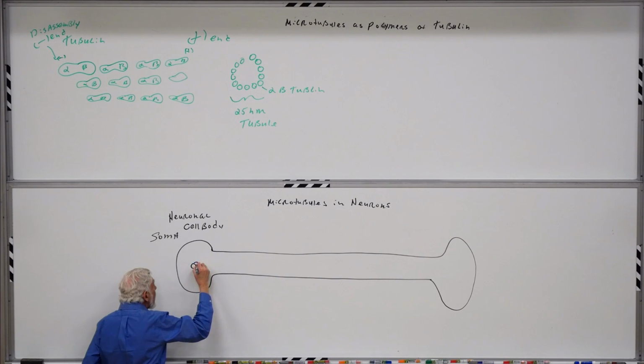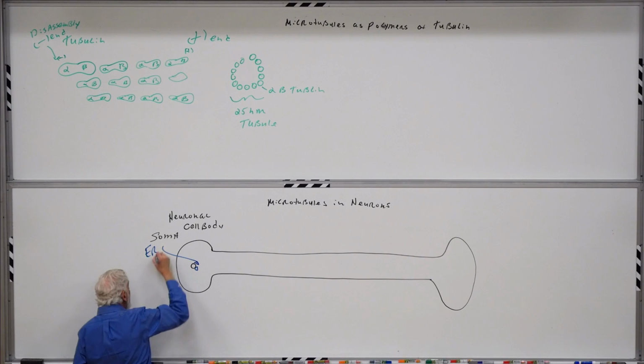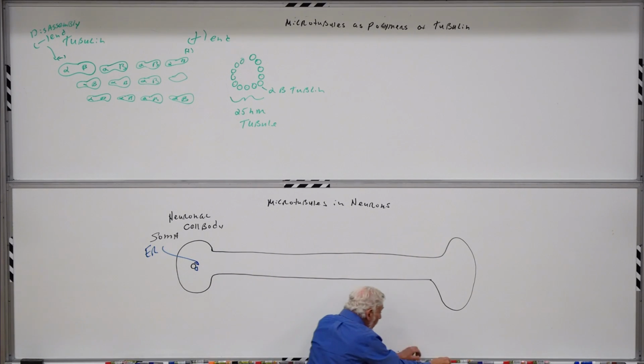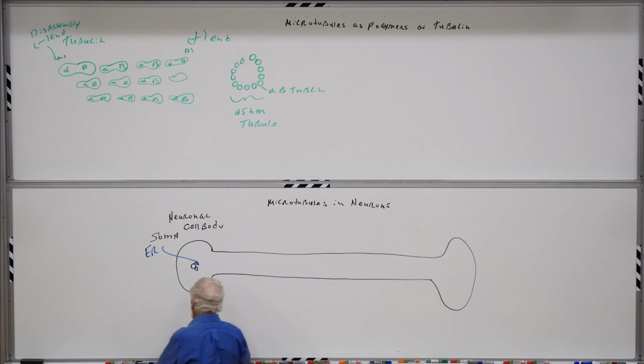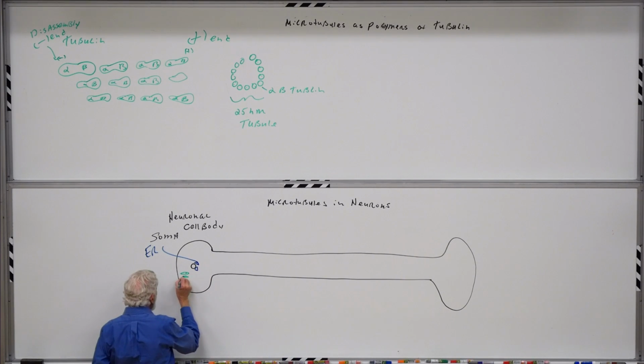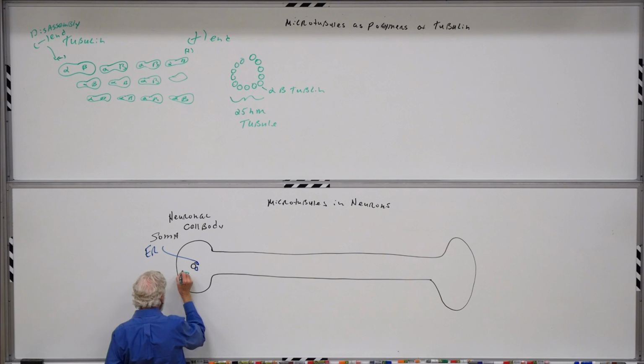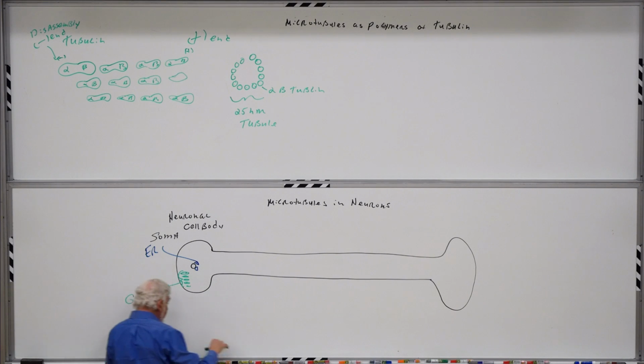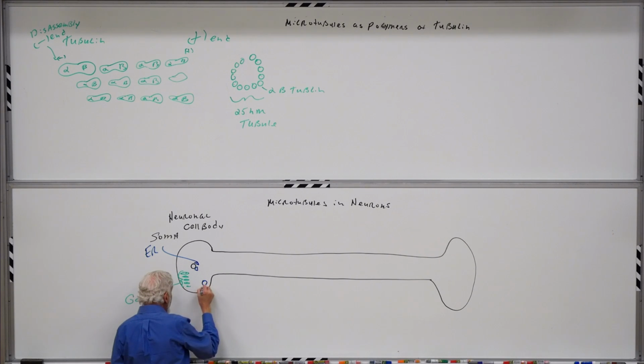Associated with the nucleus is endoplasmic reticulum. There will be the Golgi apparatus. This is the Golgi. And from the Golgi, will generate vesicles.